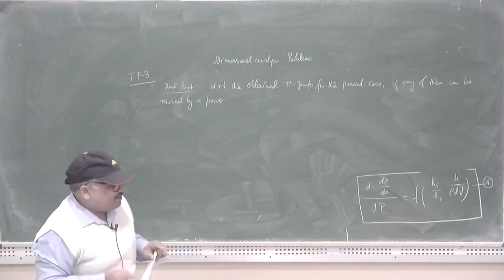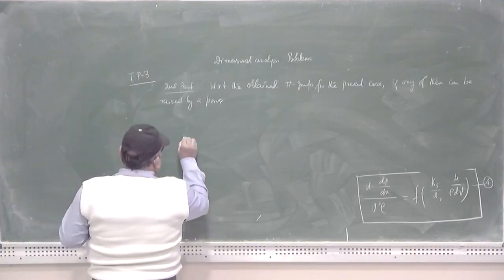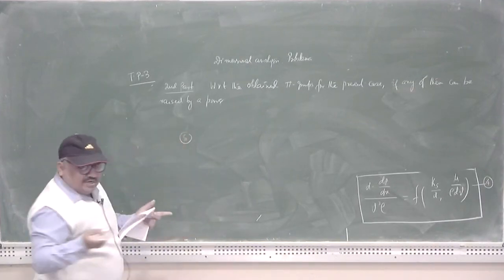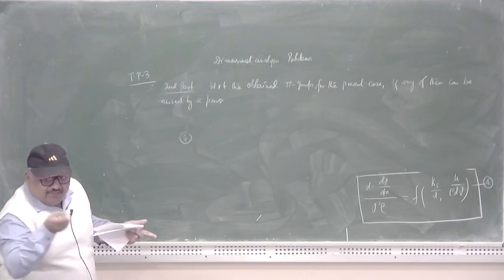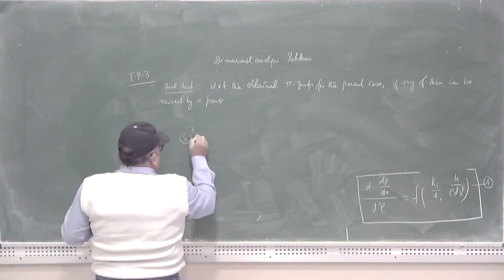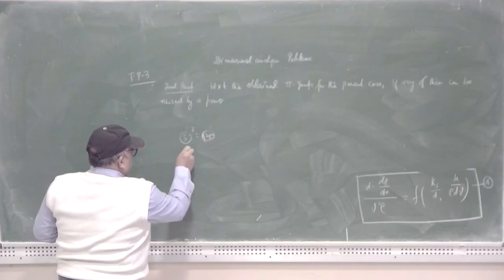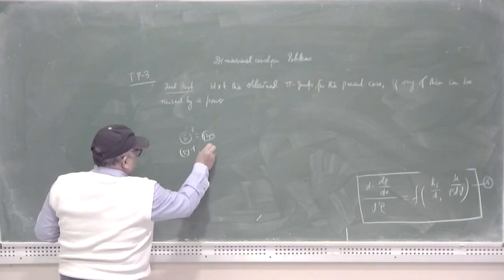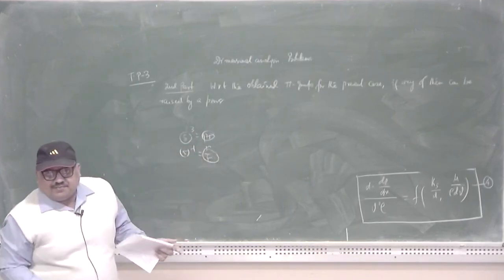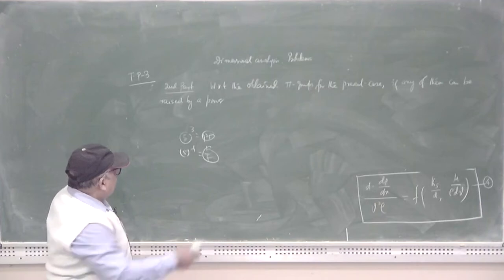A dimensionless group means a number like 5 without any unit. If you are cubing it, it is 125, again a dimensionless number. If you are taking 5 raised to the power minus 1, 1 by 5, again a dimensionless number. So, it hardly affects what I am saying here.